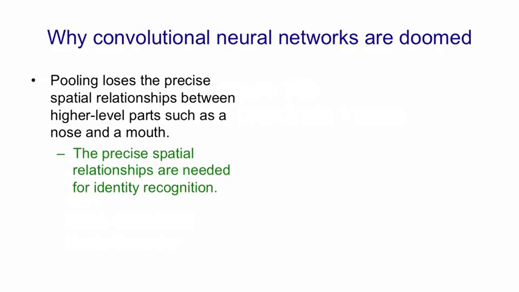In order to recognize whose face it is, you need to use the precise spatial relationships between higher level parts like noses and mouths. If you overlap the pools, so that each feature occurs in several different pools, you retain more information about its position, and that makes things work a bit better, but I don't think that's the answer.